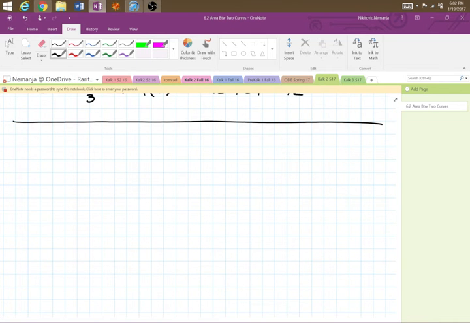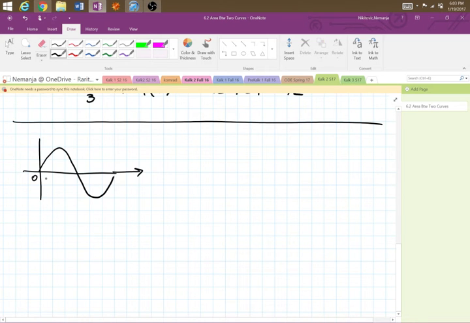My favorite example is area under sine curve from 0 to 2 pi, because we have these two symmetric bumps, 0 to 2 pi, and halfway is pi.